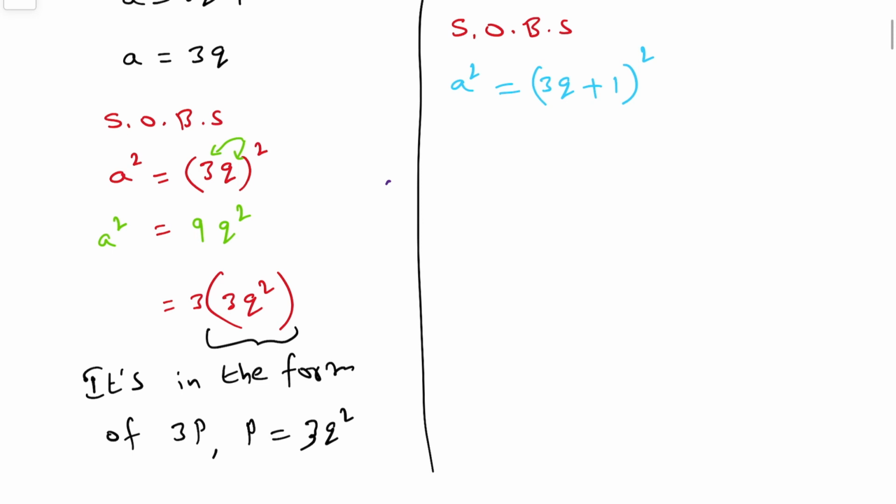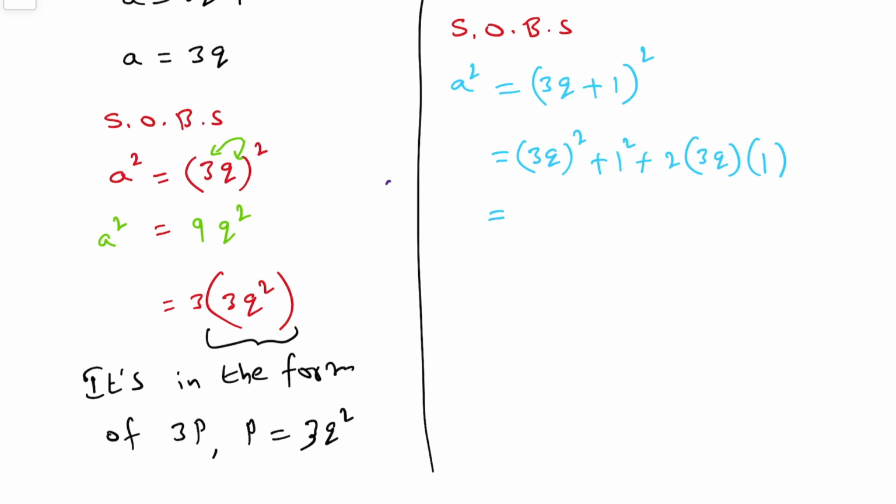Left side A square as it is, and right side if you observe 3Q plus 1 whole square, it is in the form of A plus B whole square. So A plus B whole square formula is A square plus B square plus 2AB. So let us expand this. 3Q plus 1 whole square is 3Q whole square plus 1 square plus 2 into 3Q into 1.